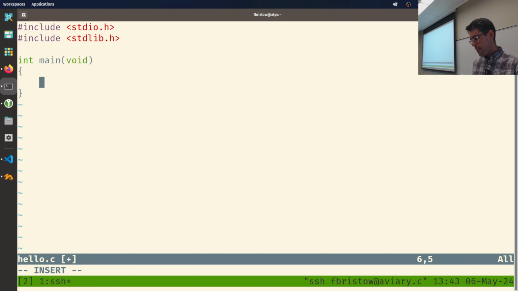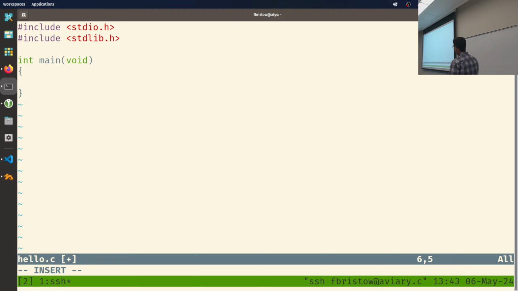What this says is I do not want to accept any inputs to this function. You cannot call this function and pass anything to it. If I put nothing here, what this means is you can call this function and pass as much as you want to it, and it's fine. Void explicitly says you cannot call this with arguments. I don't want this to be called with arguments right now.